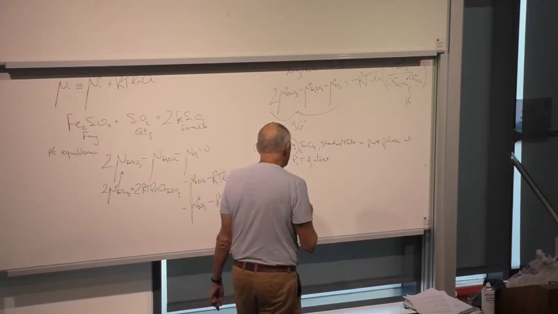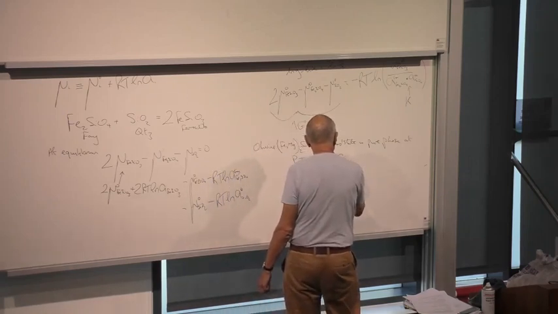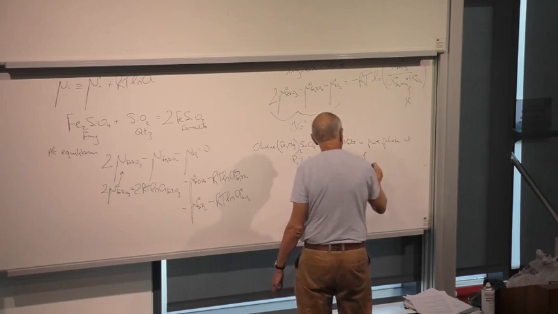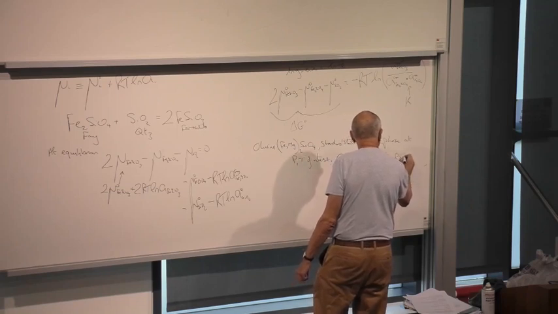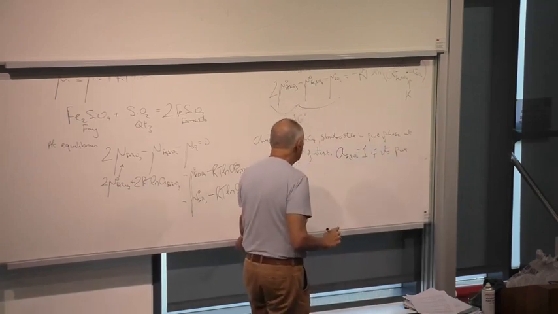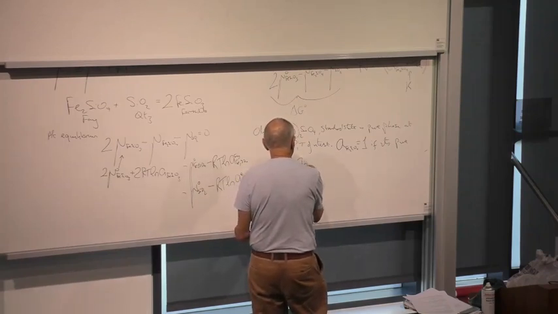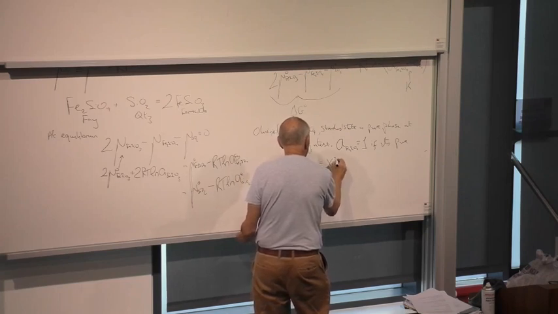So activity of Fe2SiO4 equals 1 if it's pure. Otherwise, the activity of Fe2SiO4 is equal to XFe squared.